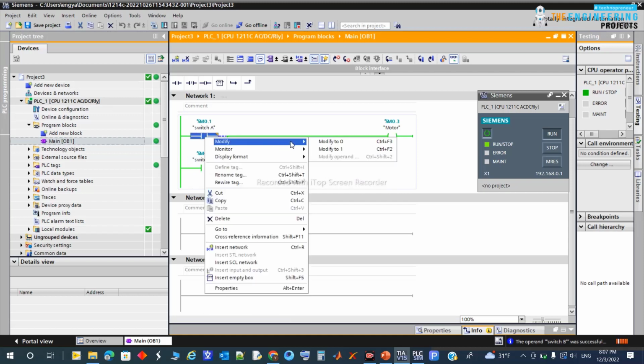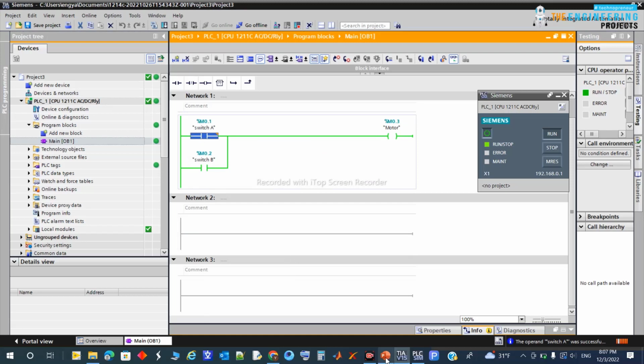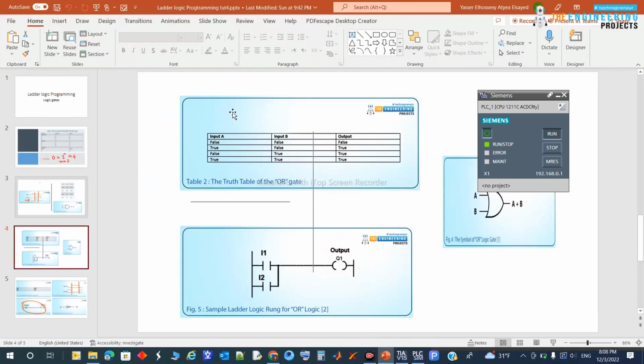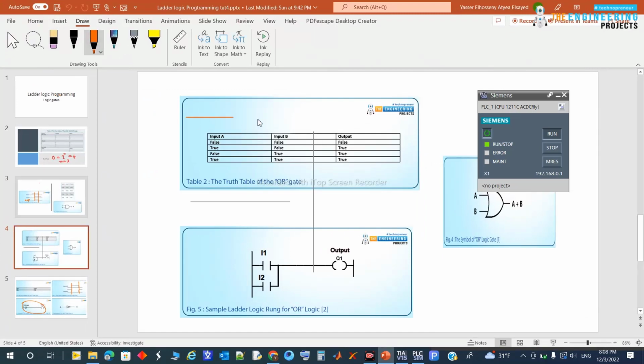Same thing if A is off but B is on, the output will be on, and if both of them are on, it will give true. If we highlight the truth table section, false false gives false, true false or false true gives true, and true true gives true.